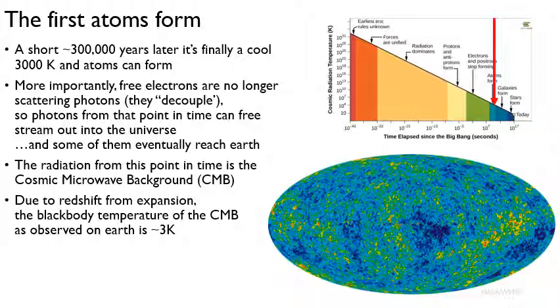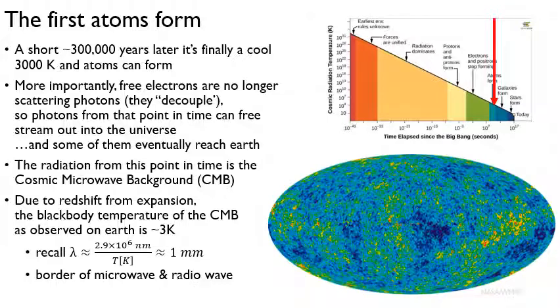And so at this point, that 3,000 Kelvin environment, those photons have been cooled such that it looks like a 3 Kelvin environment. And that is the ambient temperature of the universe. If you go out beyond the solar system, beyond the galaxy cluster that we're in, that sort of vacuum of space is around 3 Kelvin.